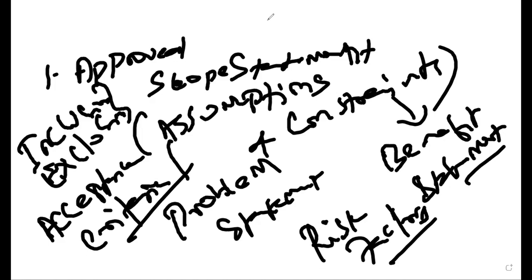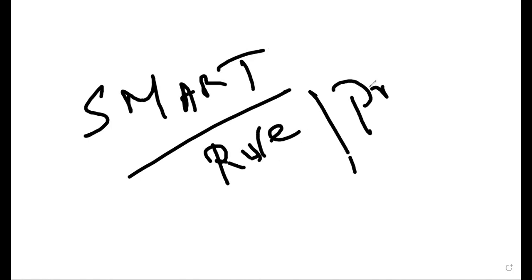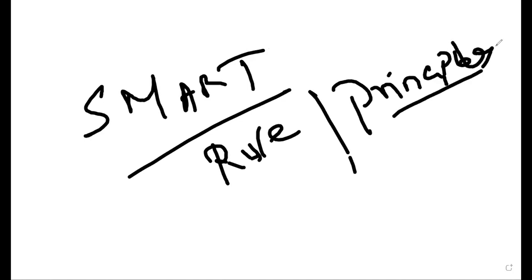Everyone? Yeah, clear. Being a proactive project manager, you make sure that the people follow a rule called the SMART rule. The SMART rule, or SMART principles, should be followed in bringing the approved scope statement. What do you mean by the SMART rule? S stands for specific.